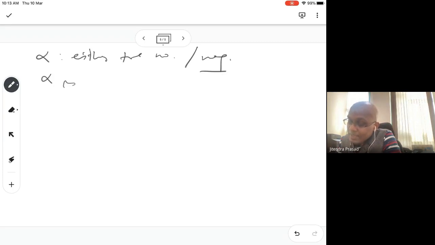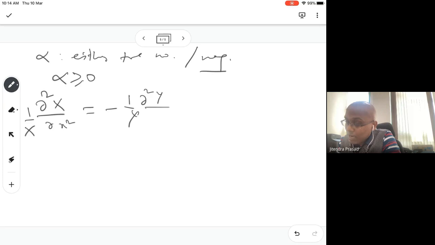Let's say alpha is a positive number. Then our equation is 1 over X del square X over del x square equal to minus 1 over Y del square Y over del y square is equal to alpha. Now we are saying this alpha is positive. Then we have two equations. First equation: del square X over del x square minus alpha X equal to 0.